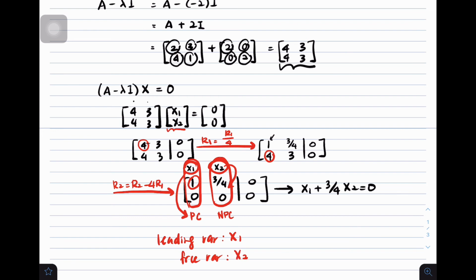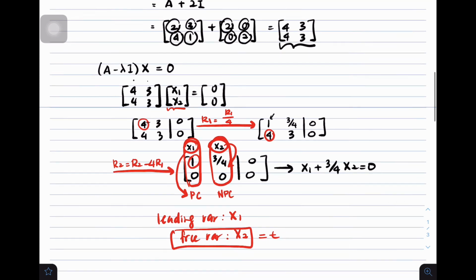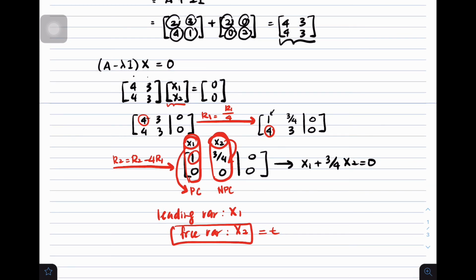Okay, so how to solve our solution? We will let the free variable become t. So now our x2 is equal to t. When your x2 is equal to t, you just need to substitute here. So you have x1 plus 3/4 t equal to 0, so x1 equals negative 3/4 t.